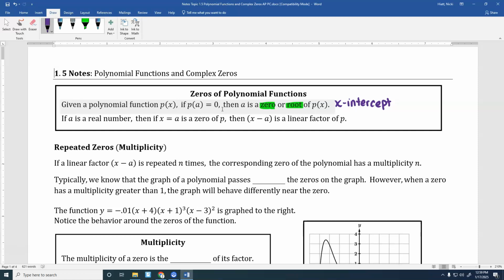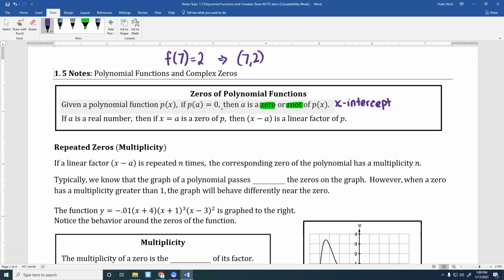But when I see p of something equals a number, I immediately think of coordinates for a point. So like if I have f of 7 equals 2, 7 was the x-coordinate that got plugged in, 2 is the y-coordinate that gets pulled out. This is the point 7, 2, right?